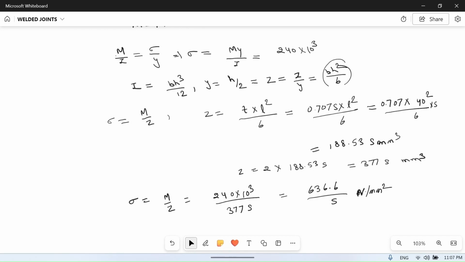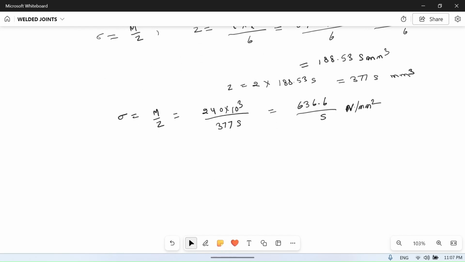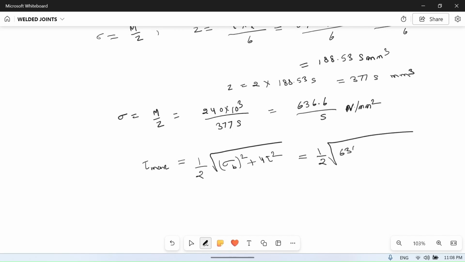Now what will be the maximum shear stress? If you have read about normal stresses, then you will know the formula for maximum shear stress. Maximum shear stress is equal to half under root sigma b square plus 4 into tau square. So it will be equal to half into root of 636.6 divided by S square plus 4 into 35.4 divided by S square.